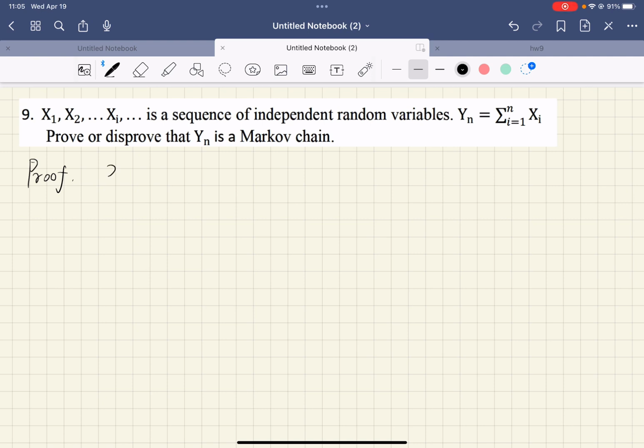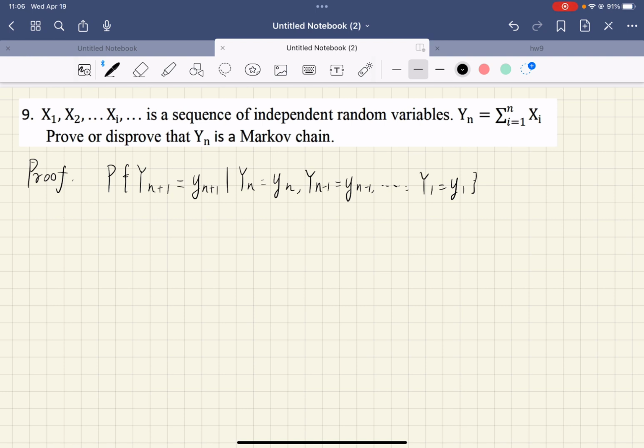Here, the probability of capital Y n plus 1 equals lowercase y n plus 1 based on capital Y n equals y n, capital Y n minus 1 equals y n minus 1, and so on to Y1 equals y1.